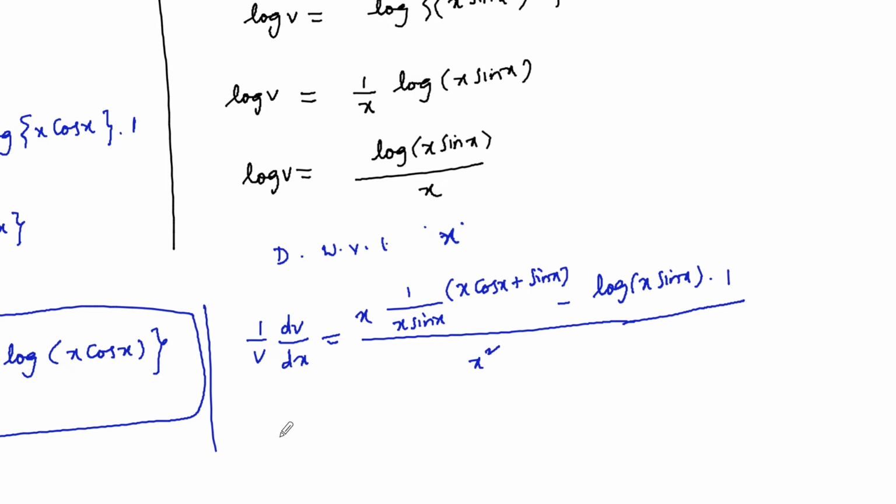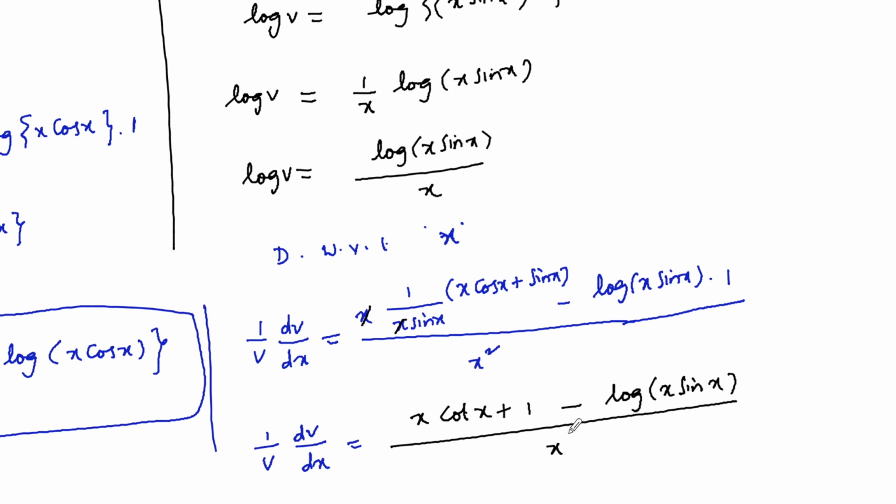So we can write 1 upon v dv by dx is equal to, here we can cancel x and x, so x cos x plus sin x upon sin x, we can write it as x cot x plus sin x upon sin x gets cancelled, 1, minus log of x sin x, divided by x square.